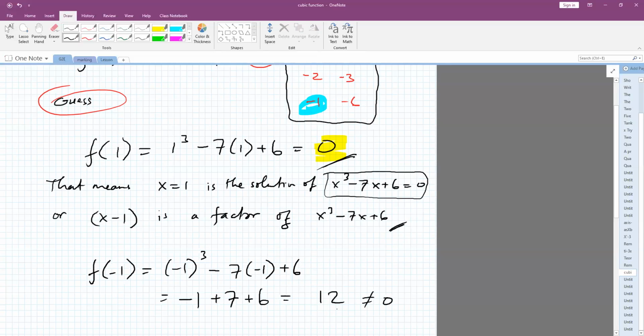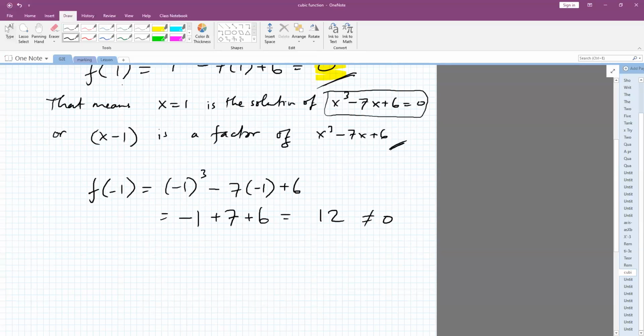So if that's the case, x equal to minus 1 is not a solution.